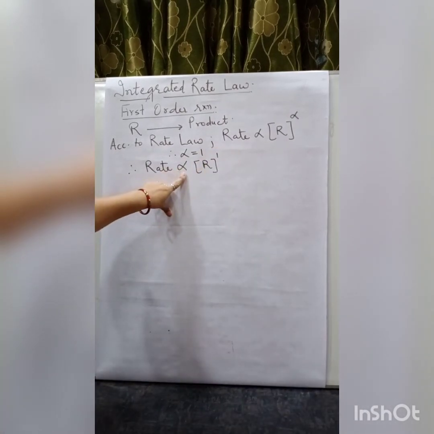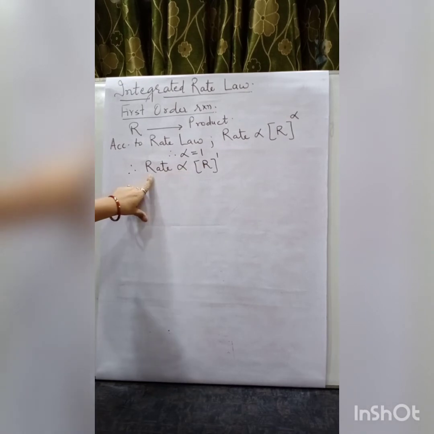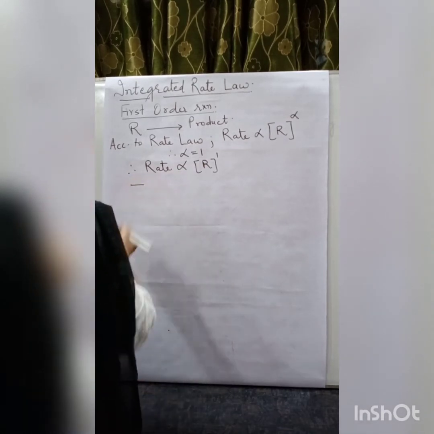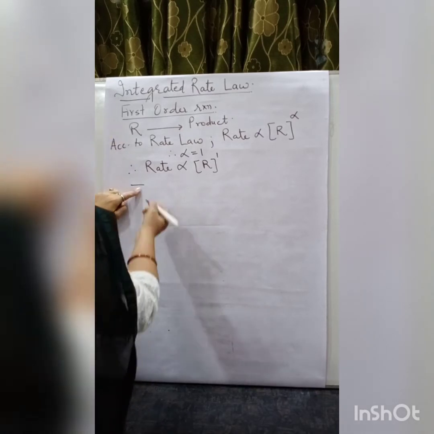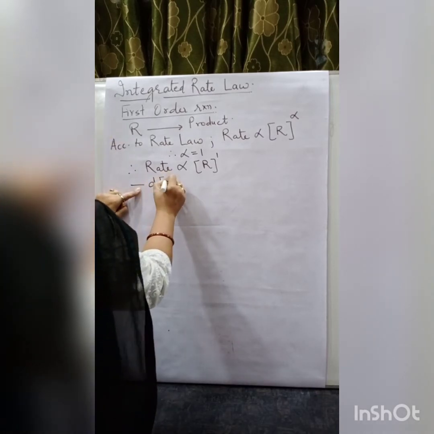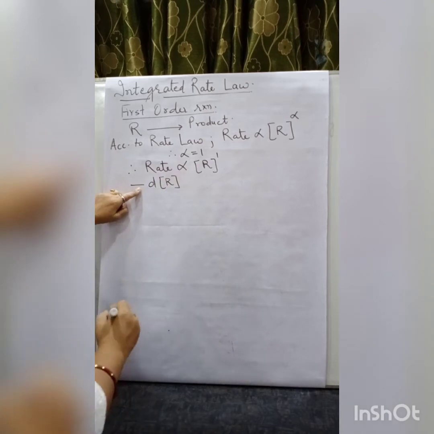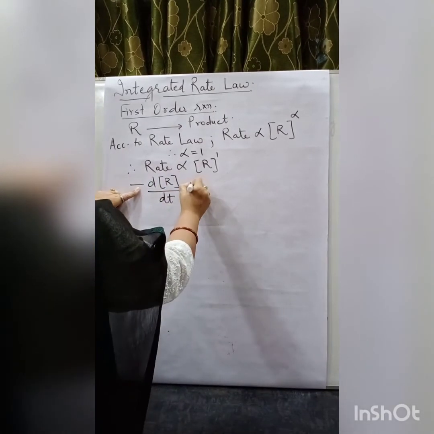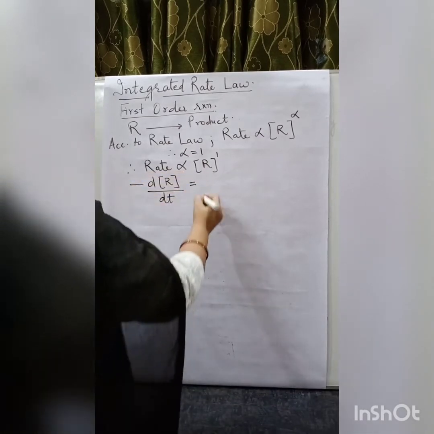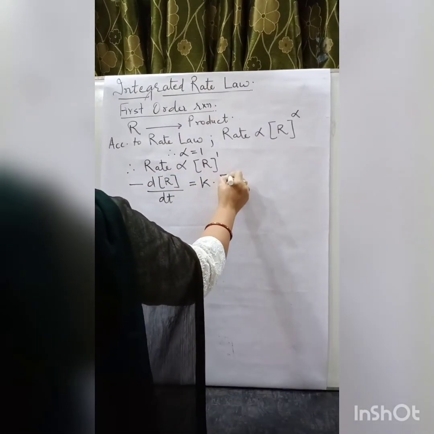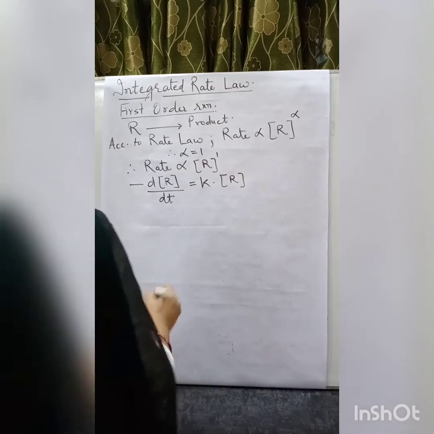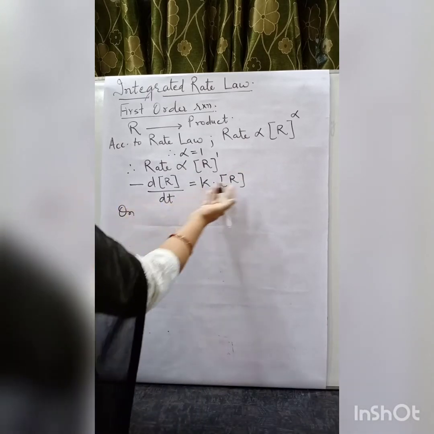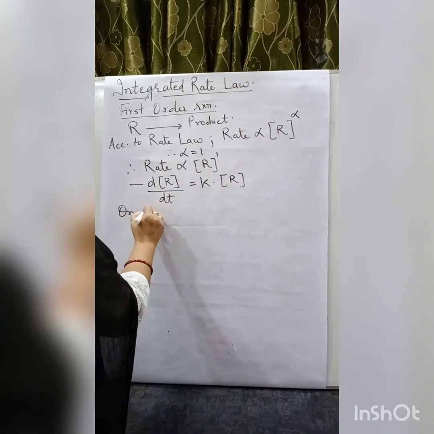Now remove this proportionality sign and define this rate. How do we define rate? In terms of reactant, the decrease in concentration of reactant upon time is equal to, now I am removing the proportionality sign, K into R. On rearranging, let us take the common terms on one side.